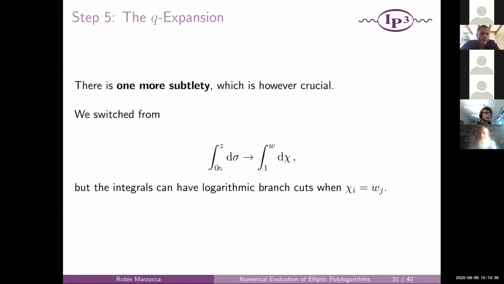So there's one more subtlety in this step, which is however crucial. We switch from this integration in Z space from 0 to Z to an integration in W space going from 1 to W. However, the integrals can have logarithmic branch cuts, right? So we can have simple poles in the integrand.